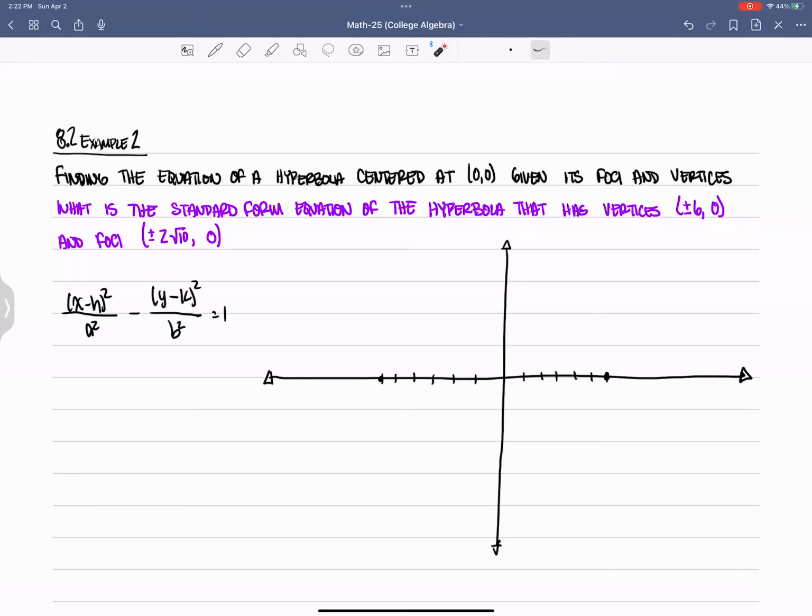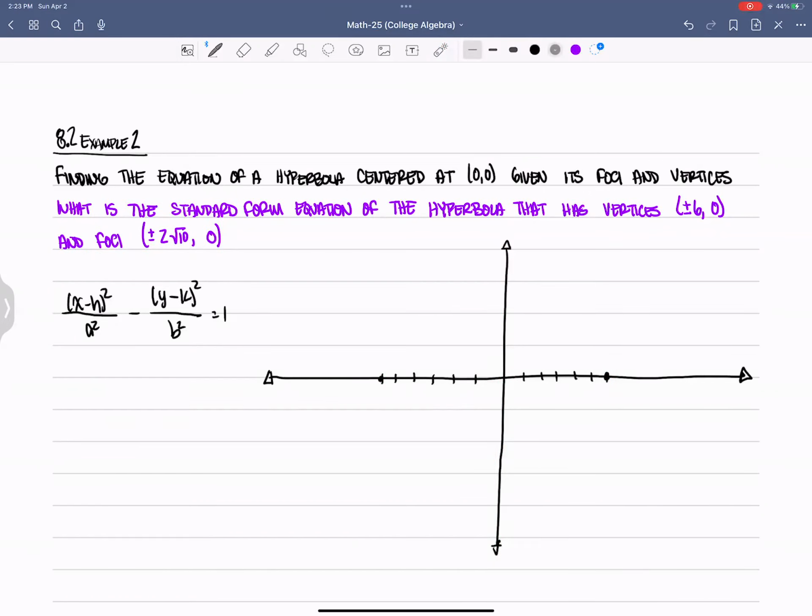Had we had values going off of our y-axis, then it would have been a little bit different. But here we have these 2 points off of the x-axis. We know our center is at the origin, so we could automatically start with the center and plug this part in.